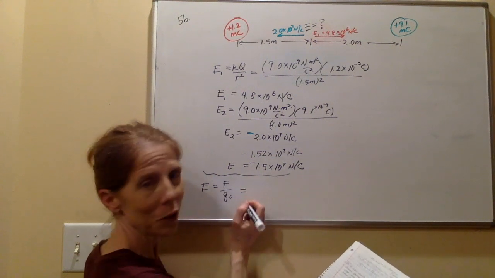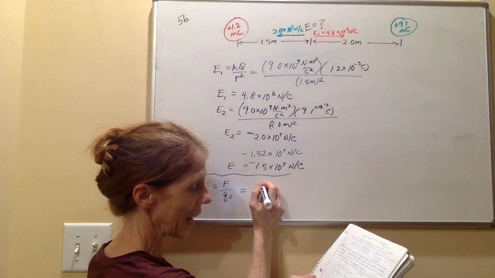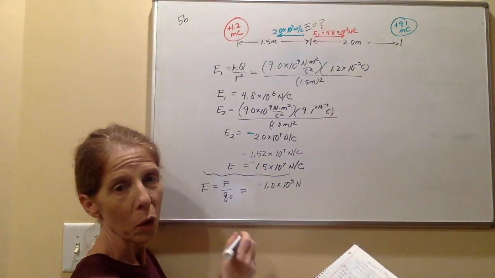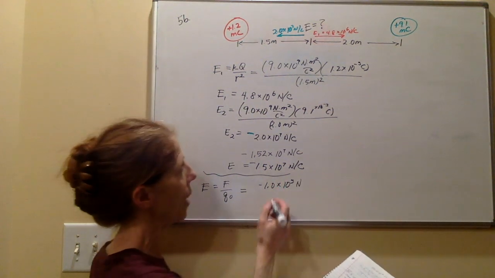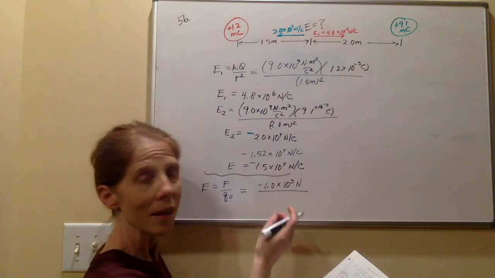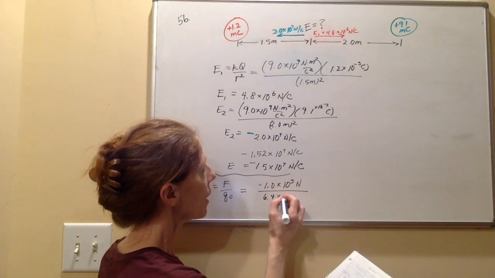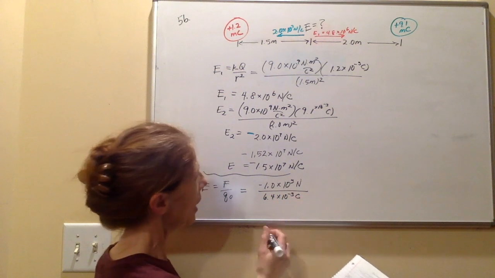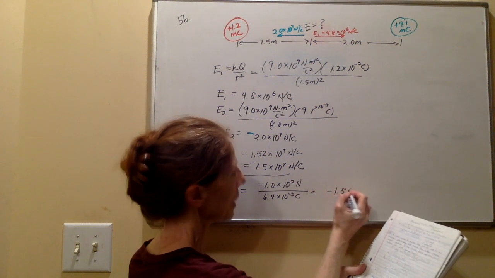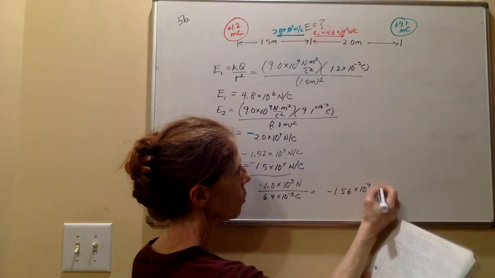So we could also solve this problem by saying negative 1.0 times 10 to the 5th newtons, which was the electrostatic force that we calculated in the first half of the problem, dividing that by our charge that was there, which is that 6.4 times 10 to the negative third coulombs, and that actually gives us negative 1.56 times 10 to the 7th newtons per coulomb.